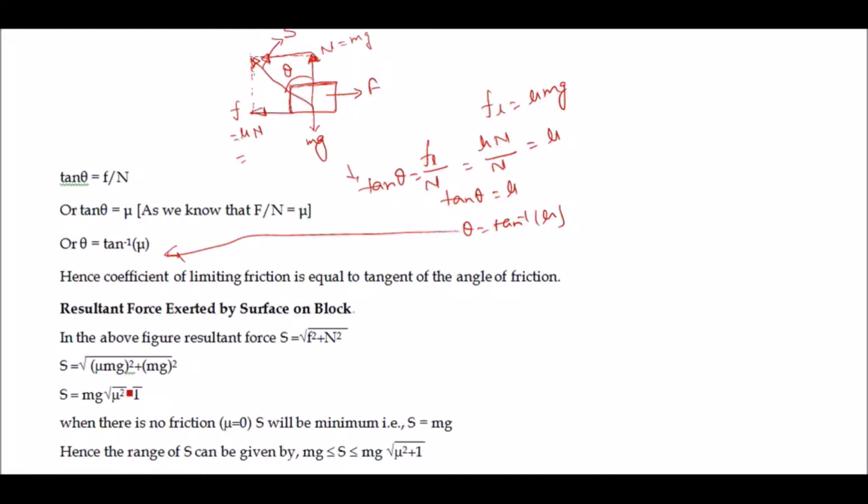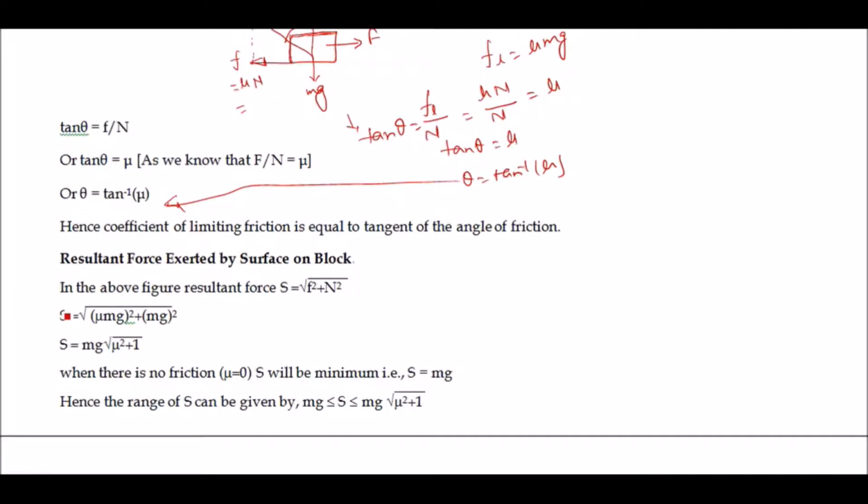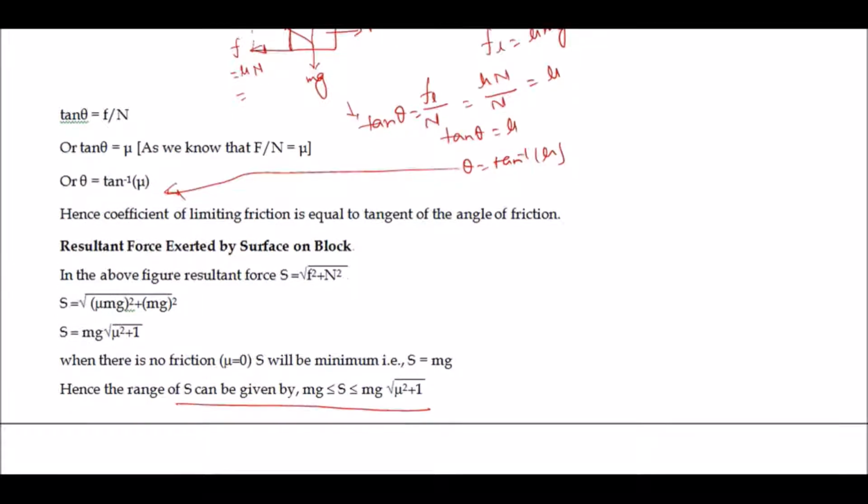So clearly when mu is equal to 0, the value of S turns out to be mg. And as per this equation, the range of S can be given between mg and mg into square root of mu square plus 1.